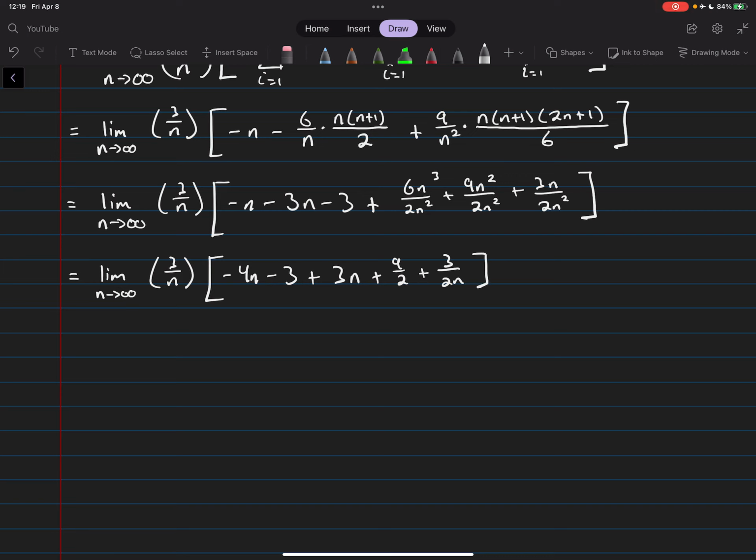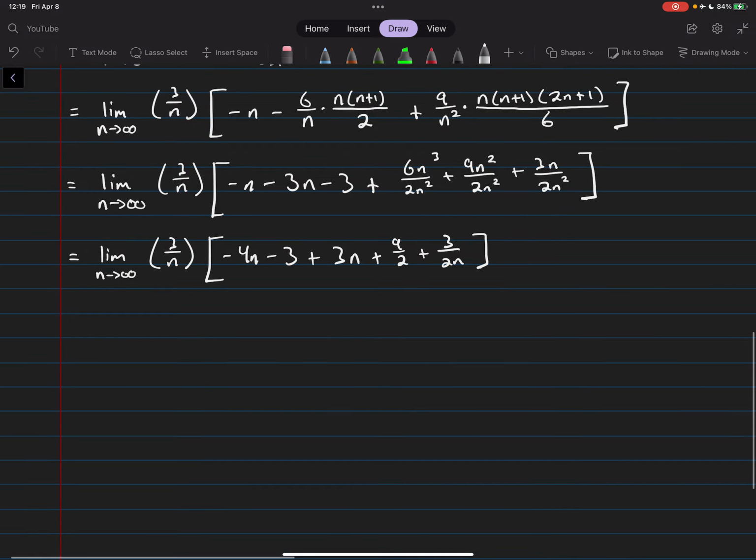Like I said, you can simplify faster or slower if you want. This is just how I did it, and this is how I'm doing it for the video.